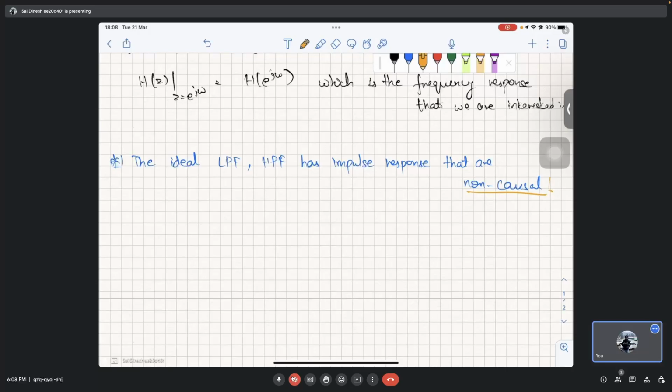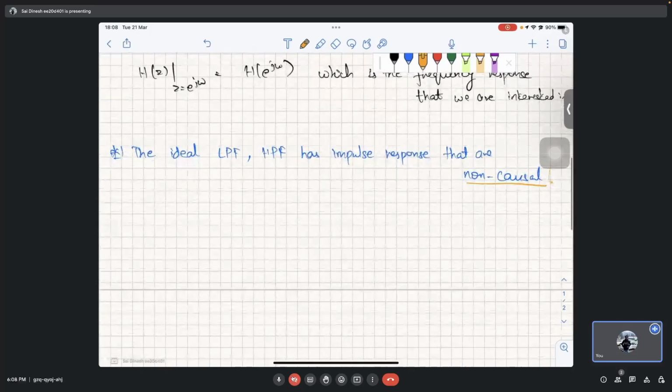These are brick wall filters, as they are called. Ideal filters, for example the low pass filter, pass the band until omega c. So from 0 to omega c it is 1, and then from omega c to pi it is 0.